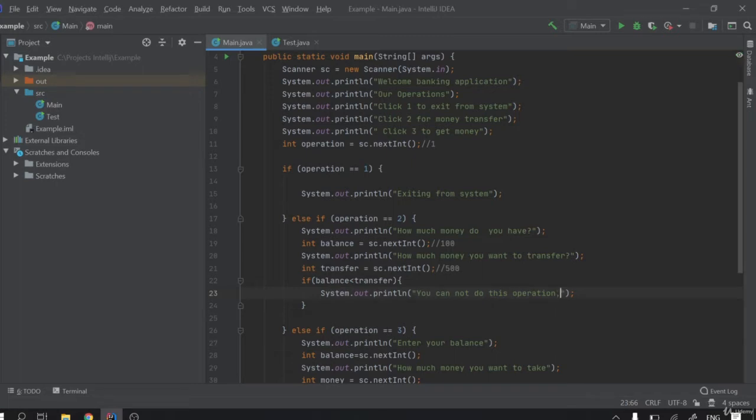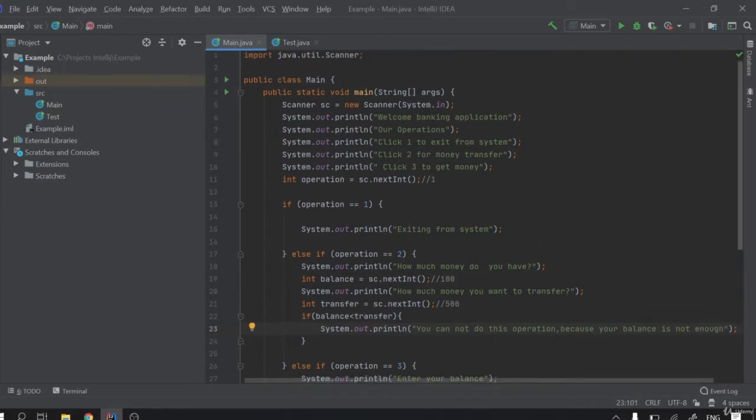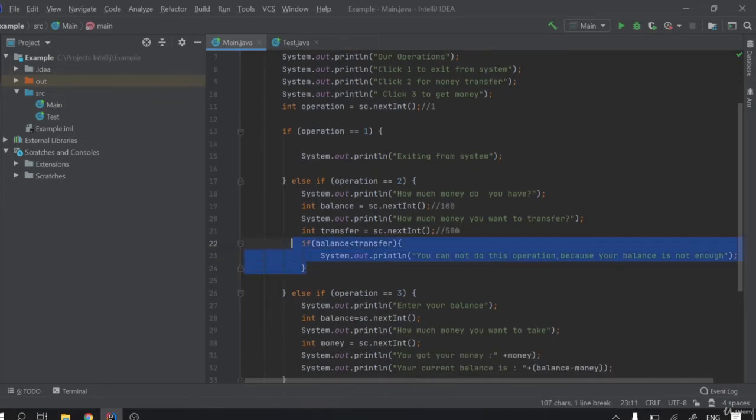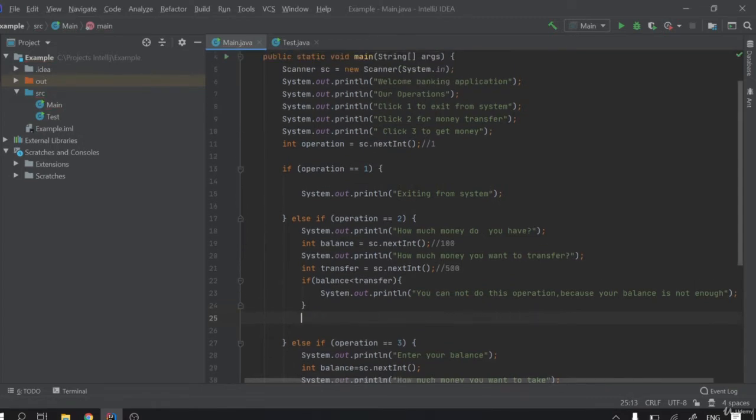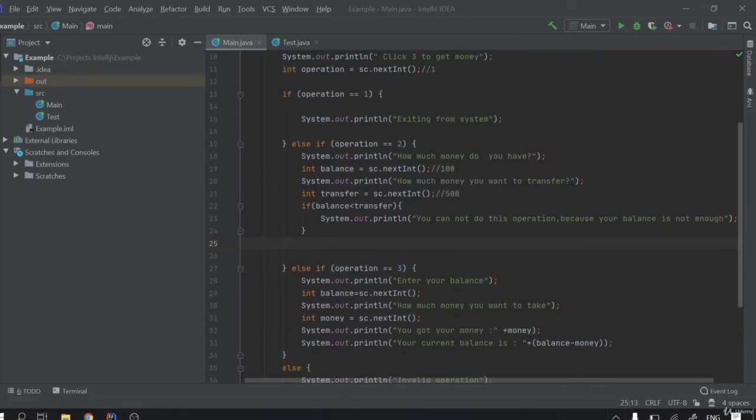And let's write here because your balance isn't enough. So guys, we wrote this and we test one more thing. So let's write here, sorry guys, this is not good. So we did it here, and let's do this for 3.